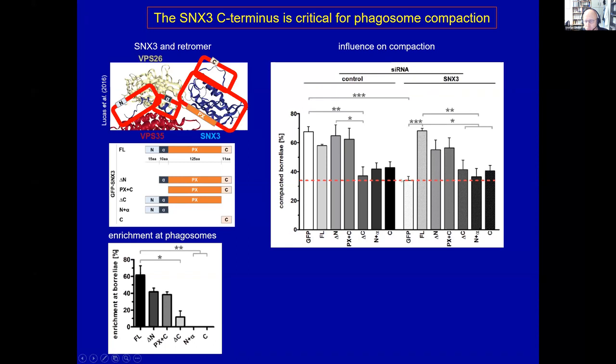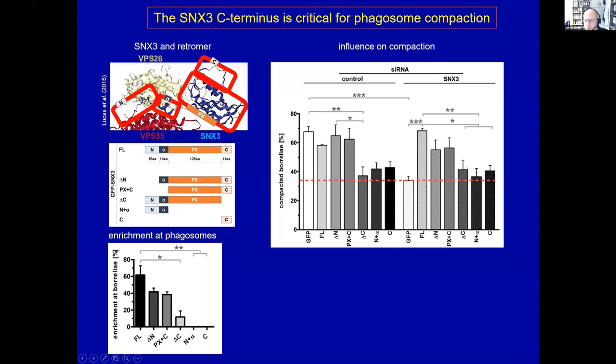So here you see the control, you get about 50% decrease of compaction in siRNA SNCS3 depleted cells. You get a full reconstitution with this siRNA insensitive full-length construct. If you delete the N-terminus that binds retromer, that is supposed to actually be involved in membrane tubulation events, this is not really the point here.